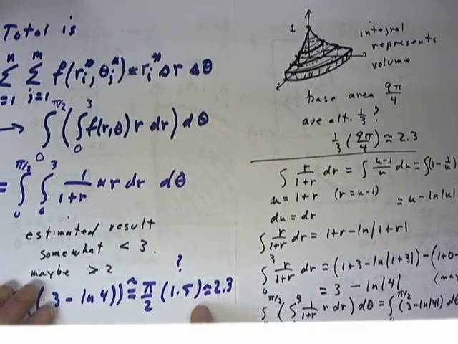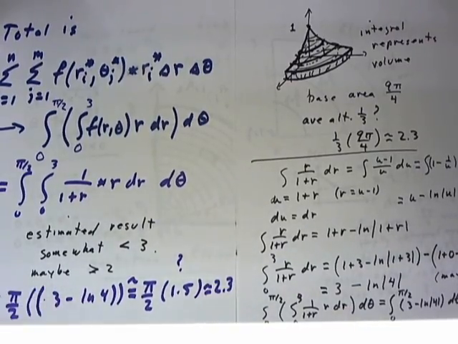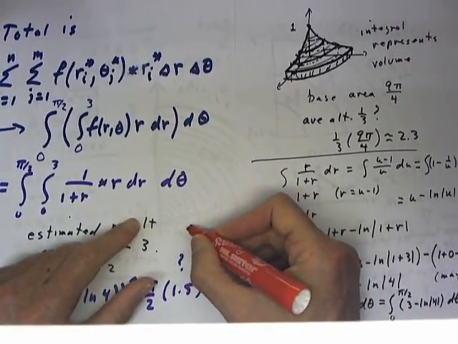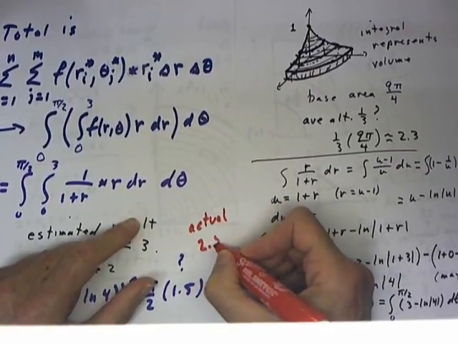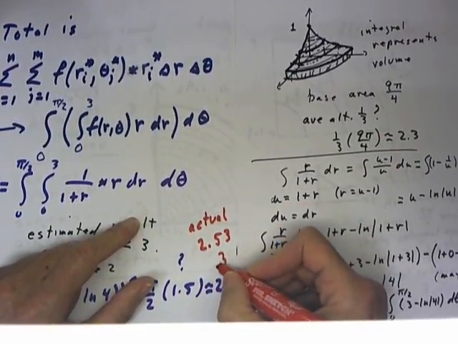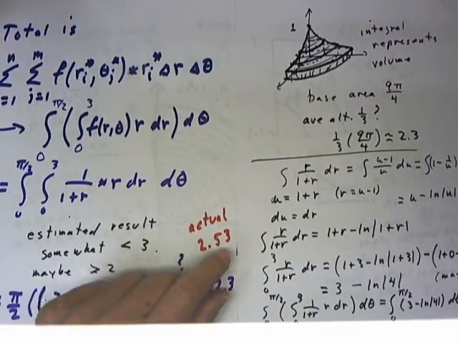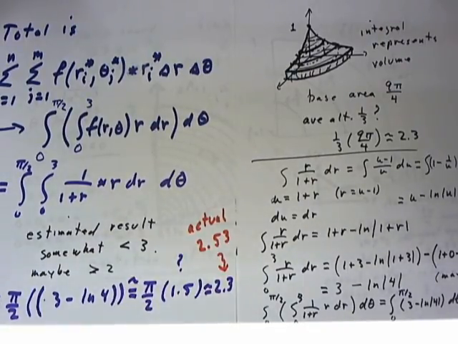Okay, my estimate of the natural log of 4 was probably a little bit off. The actual value here is 2.53, and I believe that's rounded correctly to 3 significant figures.